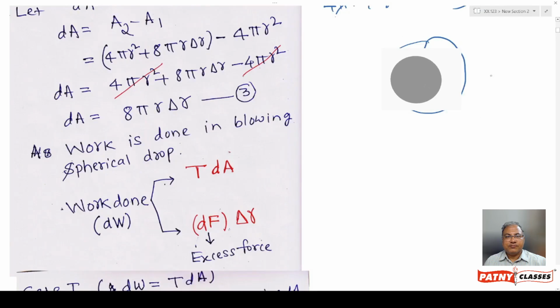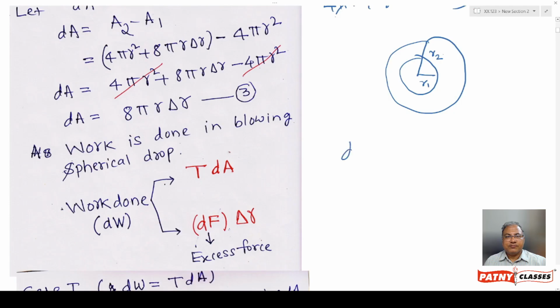Here the bubble is expanding in radius. So to expand the radius of the bubble, work is done in blowing it. This work done in blowing can be calculated by using two different formulae. The result will be the same, but the work done can be calculated by using the surface tension formula, or the work done can also be calculated by using the excess force formula.